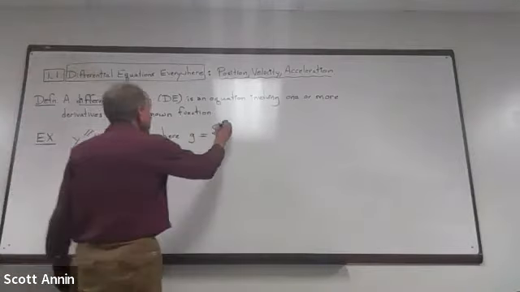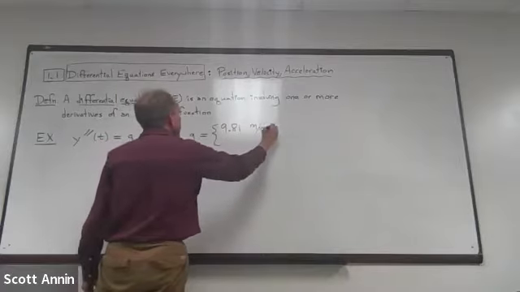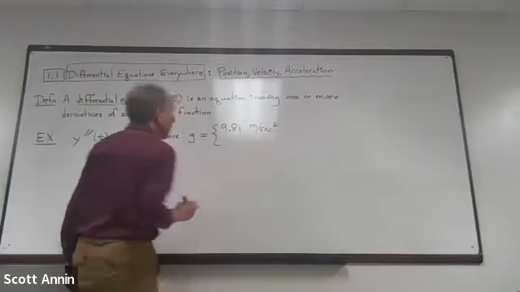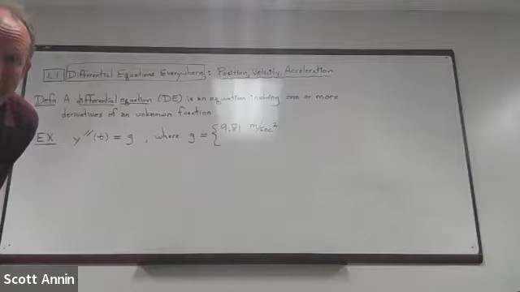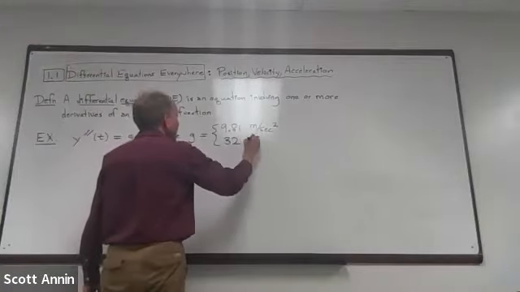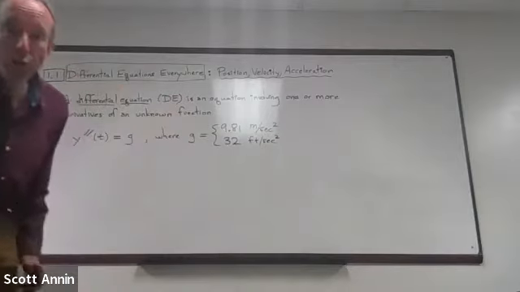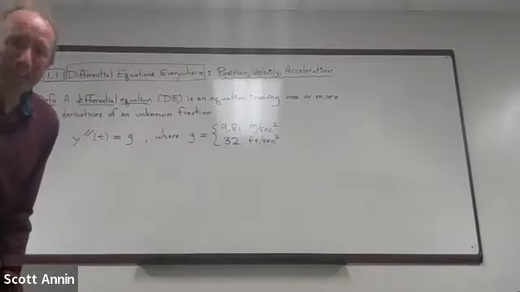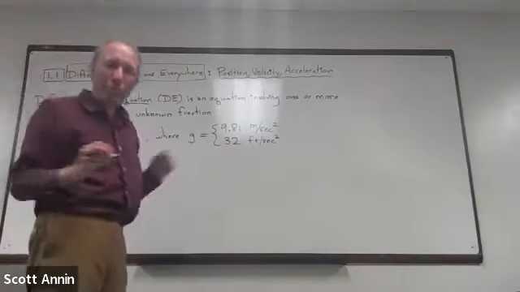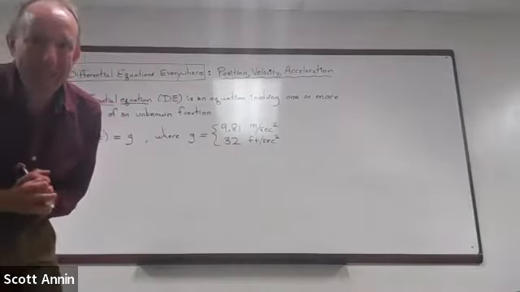If we were using the metric system of units, we might refer to it as 9.81 meters per second squared. Or if we're in the English system of units, we might use the number 32 feet per second squared. So both of those could be used. But the point is that g is a constant.